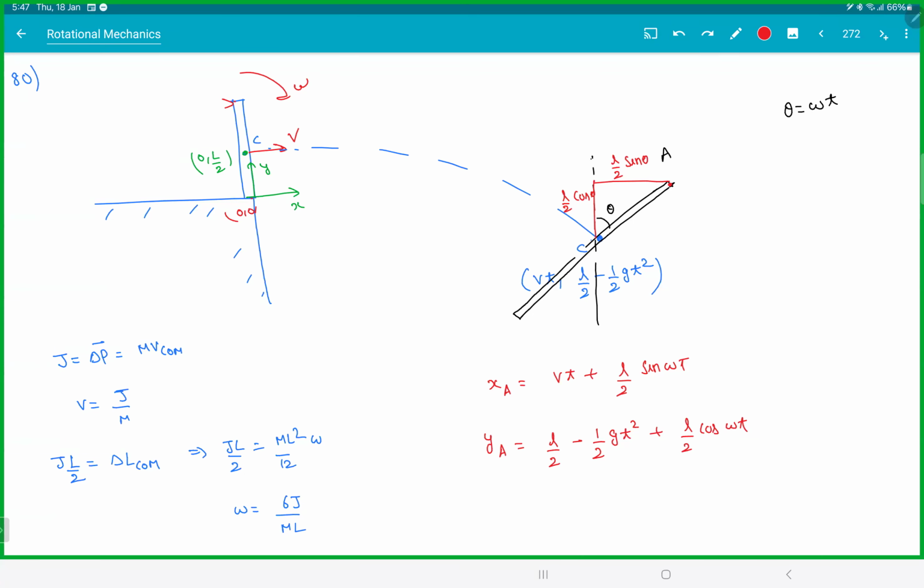Find the velocity and omega of the ball just after collision, and the point where it lands on the ground after the first collision.